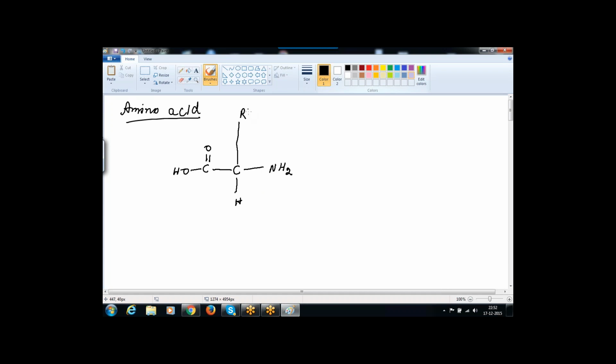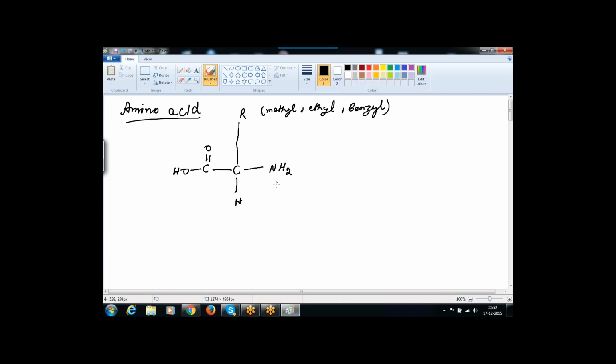R is just a symbol, which means anything can be attached here. For example, methyl, ethyl, benzyl, anything. Different amino acids will have different R group.